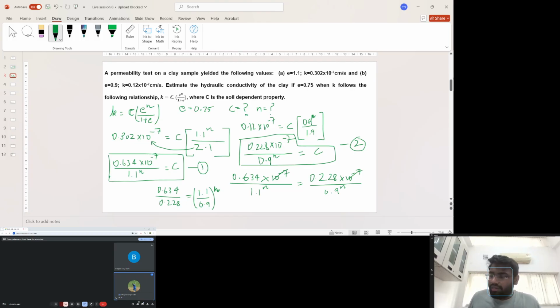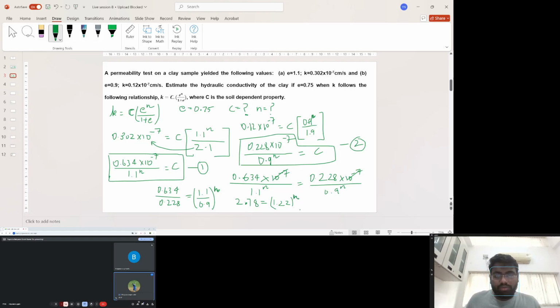Right? So you can divide this now. 0.634 divided by 0.228 comes to around 2.78, which is equal to 1.1 divided by 0.9, which will come to 1.22, power n.